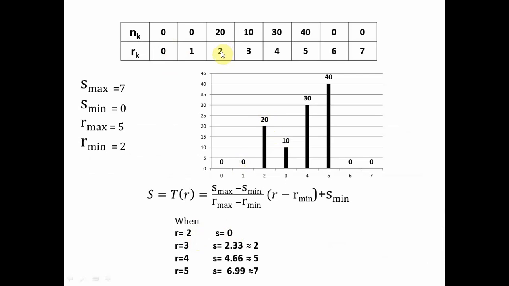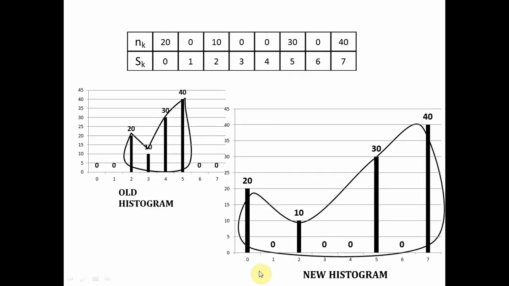So I am starting from the new gray level value, 0, which repeats 20 times because the value of 2 is 20. The value of 3 is 10, so it goes to 2. The value of 4 is 30, it will be considered for level 5, and for 5, the 40 pixels will be considered for 7. So I will redraw the graph like this.